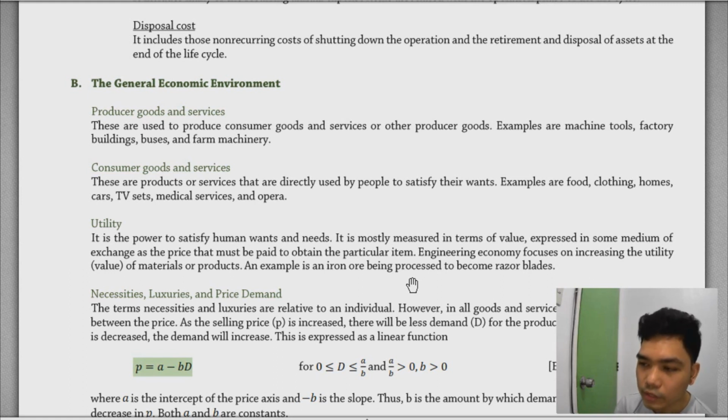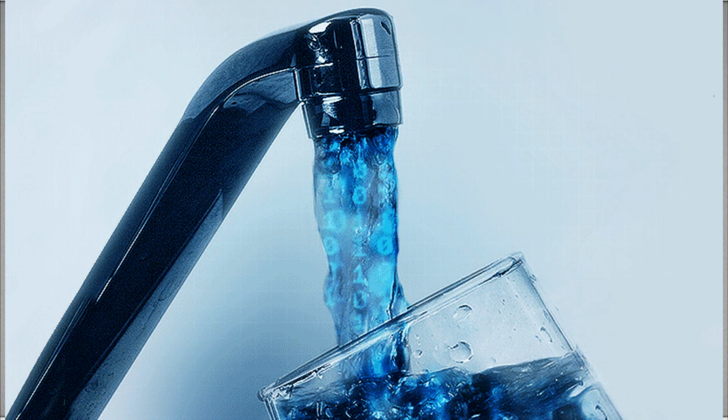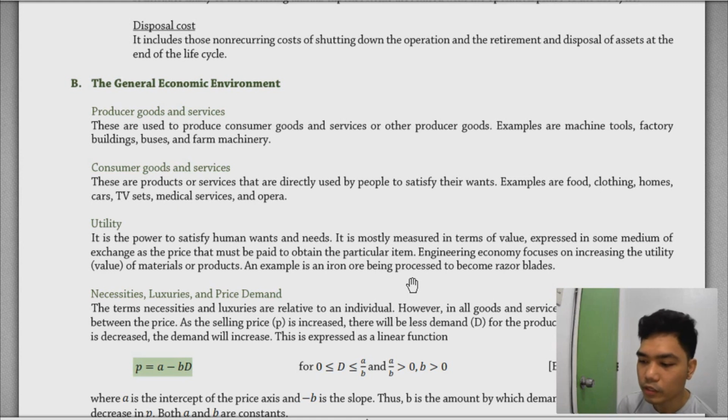So in this case, we are assigning a certain price for this certain medium so that we can obtain this certain utility so that it can satisfy our human wants and needs. That's the same thing that goes for water. So water is actually computed based on the cubic meter of the water that you've consumed in a month.